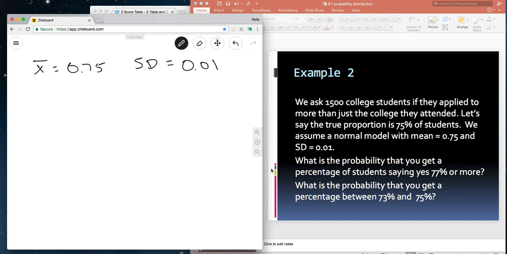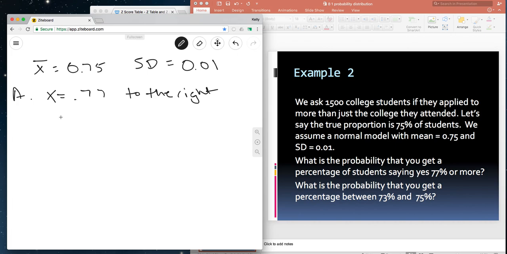So I'm going to call this one A and this one B because I didn't mark it. But this one says, what's the probability that you get a percentage of 77 or more saying yes? So this one we want, x is 0.77, and that or more means to the right. So that means whatever I get from my table, I have to subtract from 100.